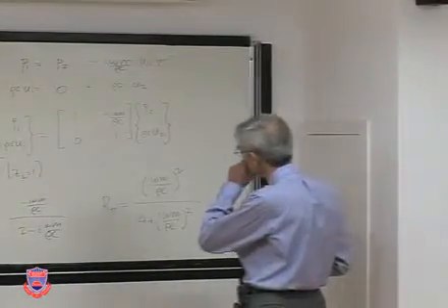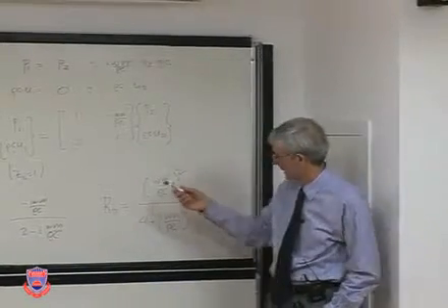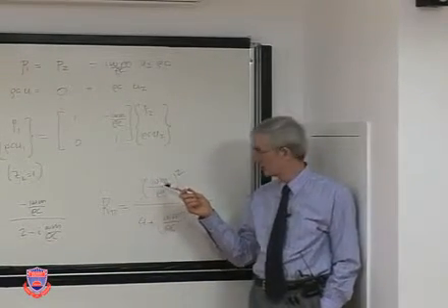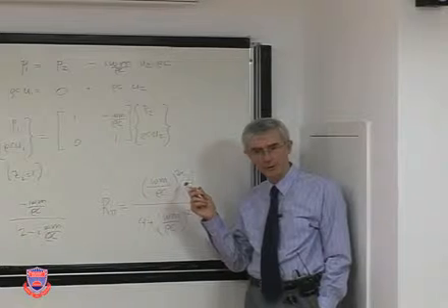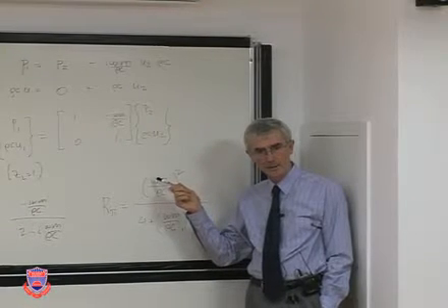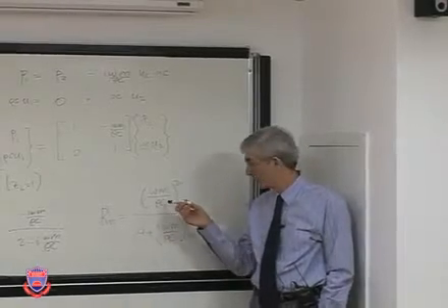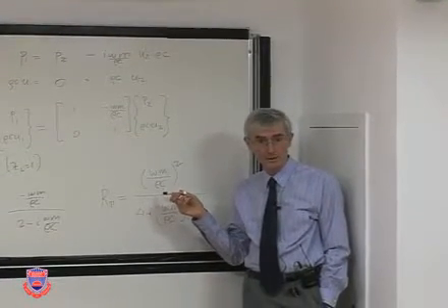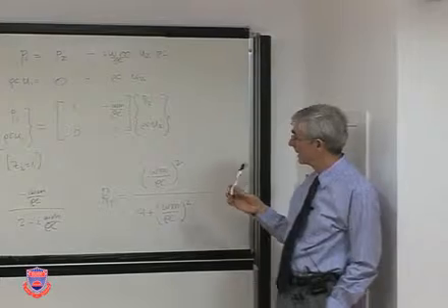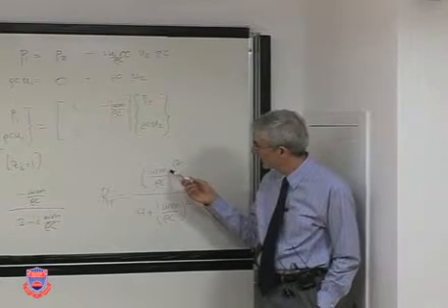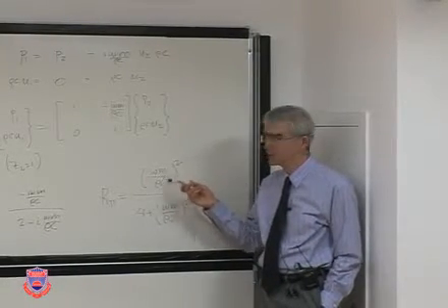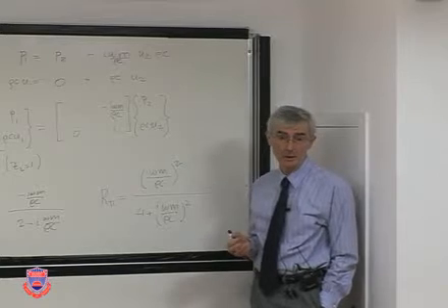Now, we look at here, and we say, what is this the ratio of now? Mass impedance per unit area to the specific acoustic impedance of the fluid. What do you think this ratio is? Is it large, small?